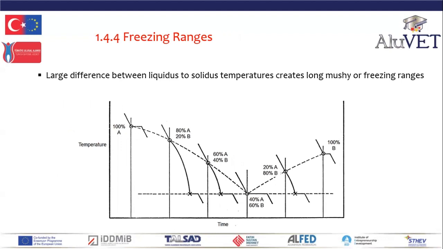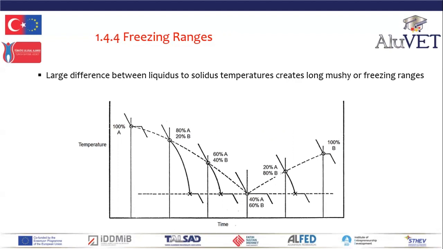Depending on their analysis, and that's the analysis composition of the solute solvent metals, whether it's 20% A, 20% B, or 20% A and 80% B, the alloys will display a freezing range. And depending on the analysis, that freezing range can be very large.